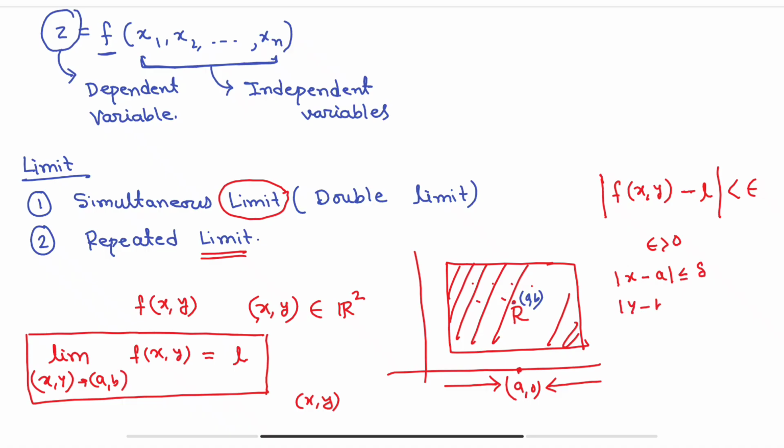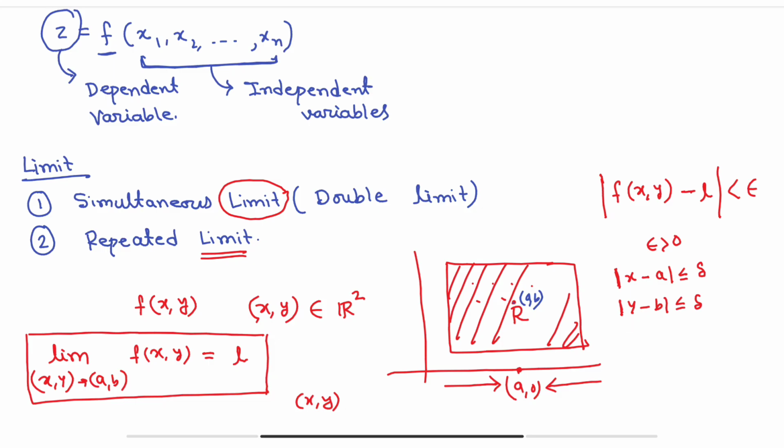Similarly, modulus of y minus b will be less than or equal to delta. Delta is any small positive number.